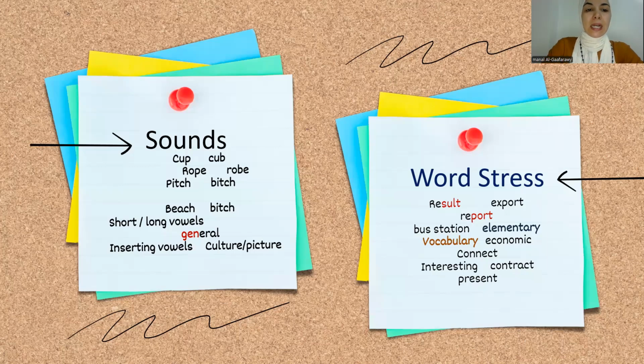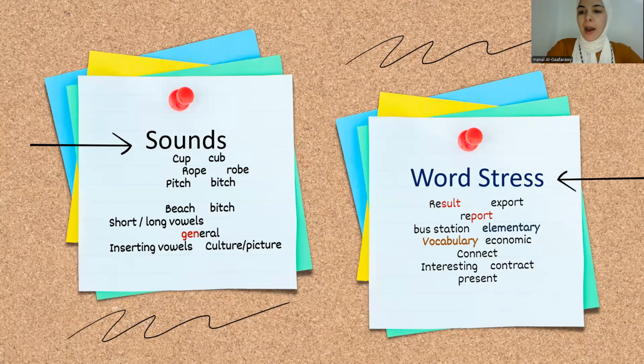Every sound in English is produced in a specific way, and there are certain movements of our mouth and articulators in order to produce that sound in a meaningful and understandable way.